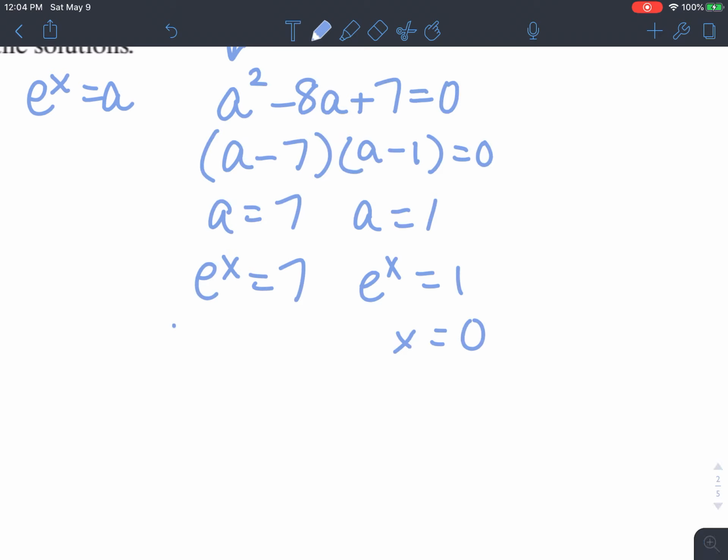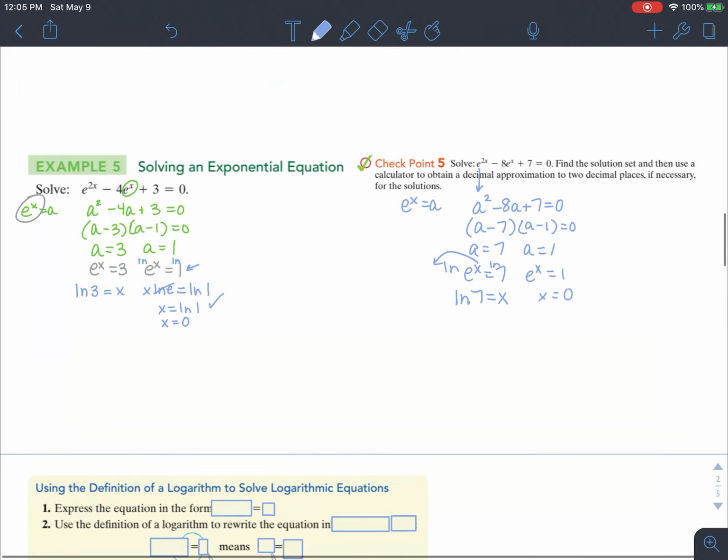And ln 7 equals x. But you could take ln of both sides. x ln e equals ln 7.